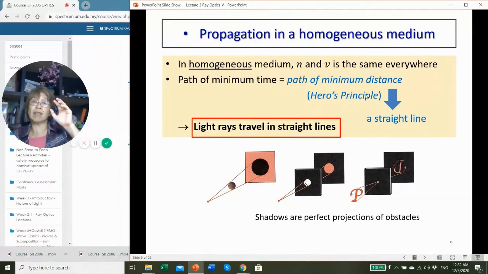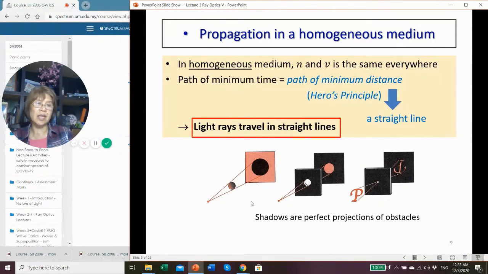And to have the shortest distance, basically, it's just a straight line. So light rays travel in a straight line, as was initially also the deduction, because when you have an obstacle, you see a sharp shadow. When you have an aperture, again, you see the shadow very sharp.